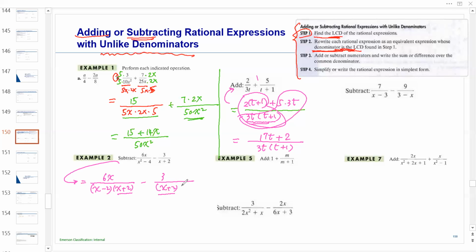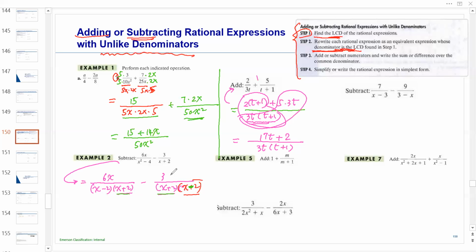So we need to multiply by x plus 2. I'm sorry, it should not be x plus 2, it should be x minus 2. So x plus 2 is the common part, and you just need to multiply by x minus 2, so they have the same denominator.